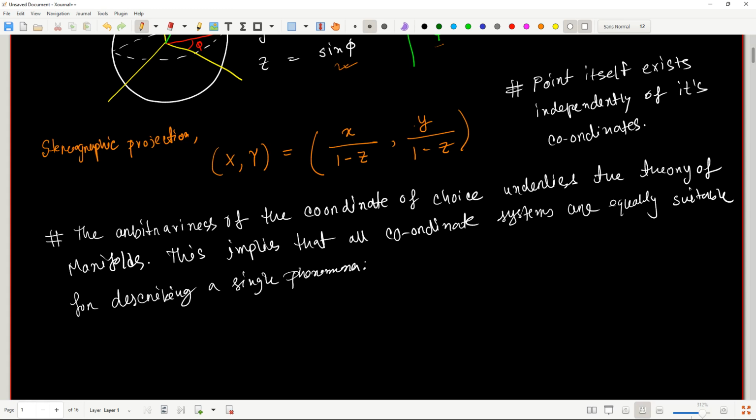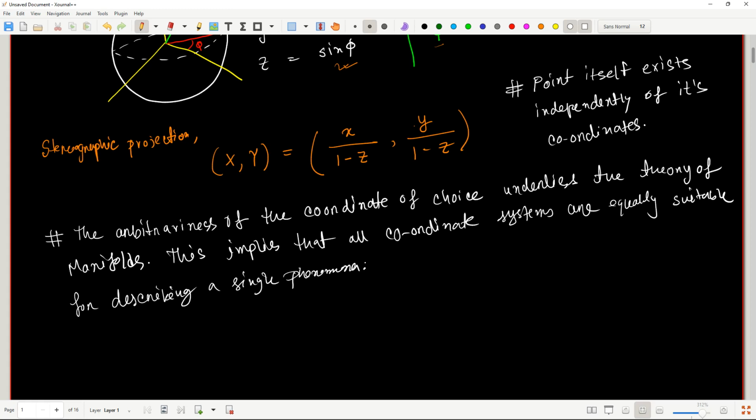However, we want to comment that the convenience of the coordinates will vary from situation to situation, but the end result should be independent of the coordinate system.